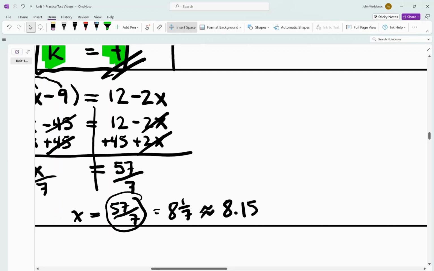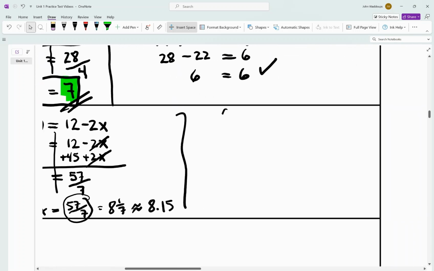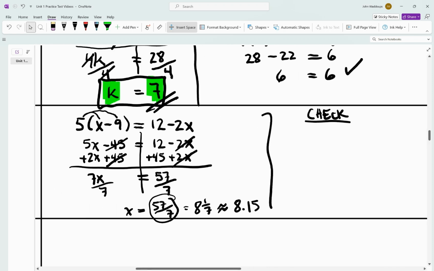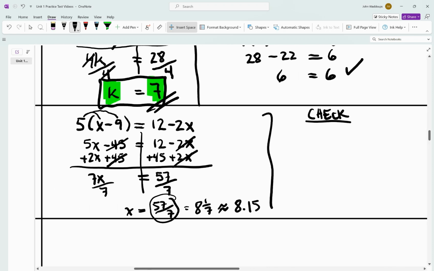So for the check, we go back and we put in that value, 57 sevenths, into the equation. So we've got 5 times 57 sevenths minus 9 is equal to 12 minus 2 times 57 sevenths.